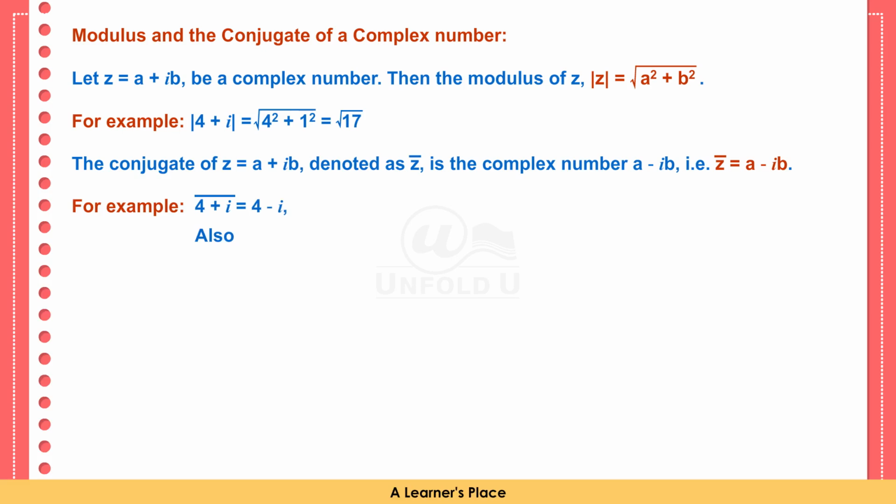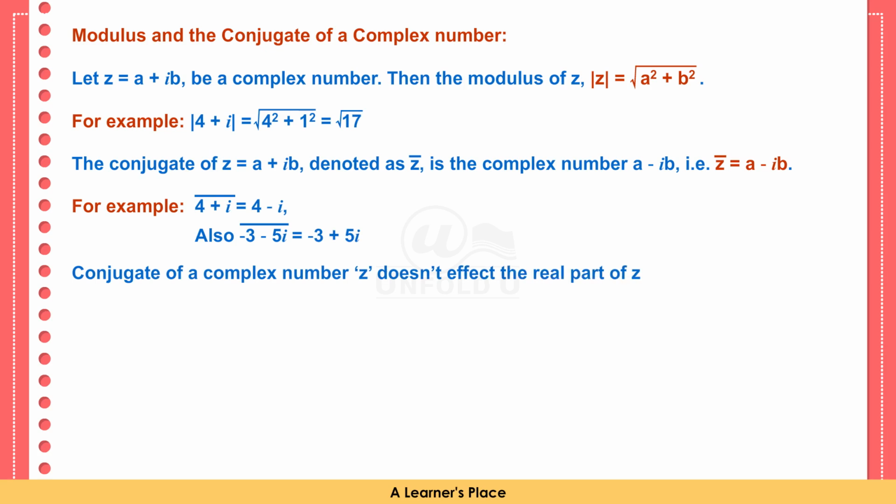Also, conjugate of minus 3 minus 5 iota is equal to minus 3 plus 5 iota. Conjugate of a complex number z doesn't affect the real part of z. Or we can say that conjugate of a real value is real.